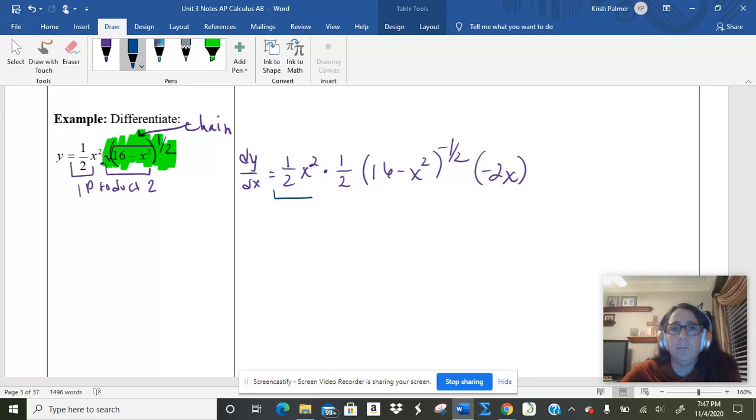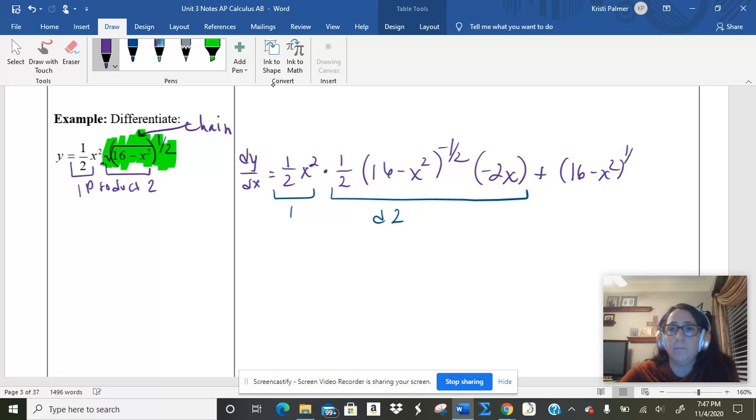So here, this was my first times the derivative of the second. Then I'm going to add the second times the derivative of the first. That's a nice derivative, isn't it? The 2 and the 1/2 cancel. So now this is the second times the derivative of the first. And I've got that plus in the middle.